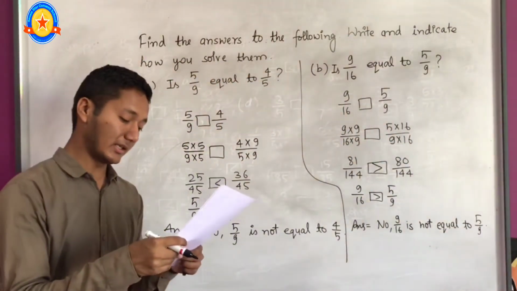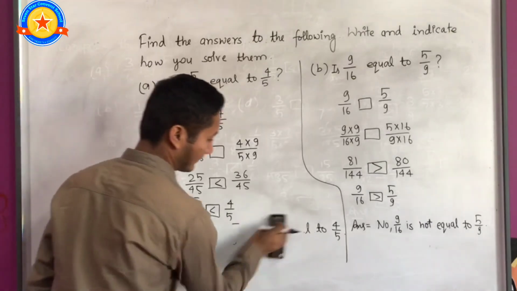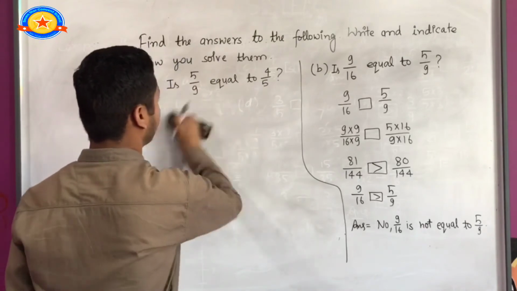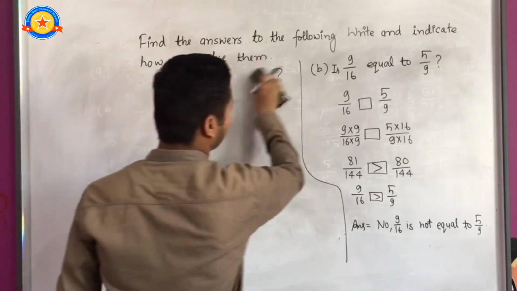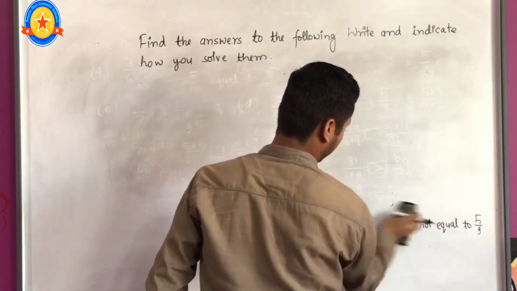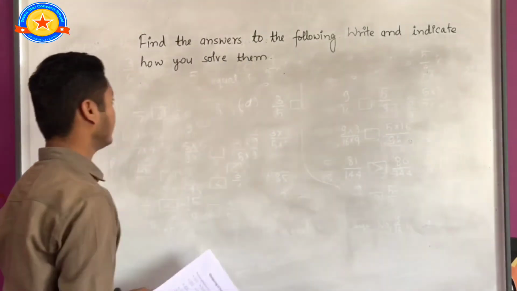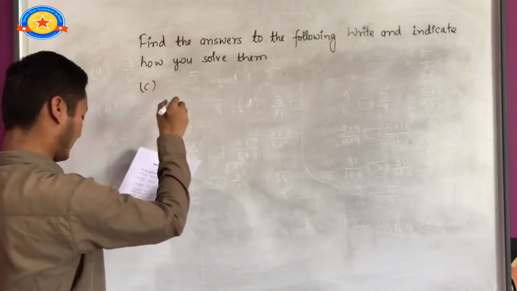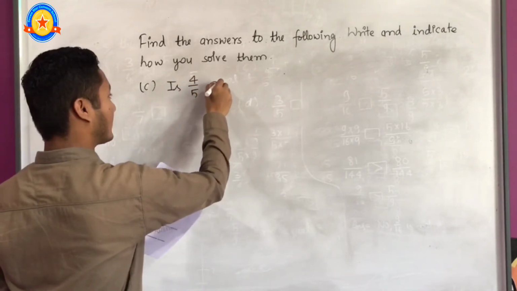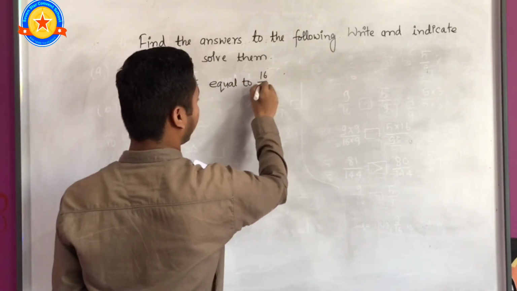Students, our next question is 4 by 5 equal to 16 upon 20? Our next question is 4 by 5 equal to 16 by 20.